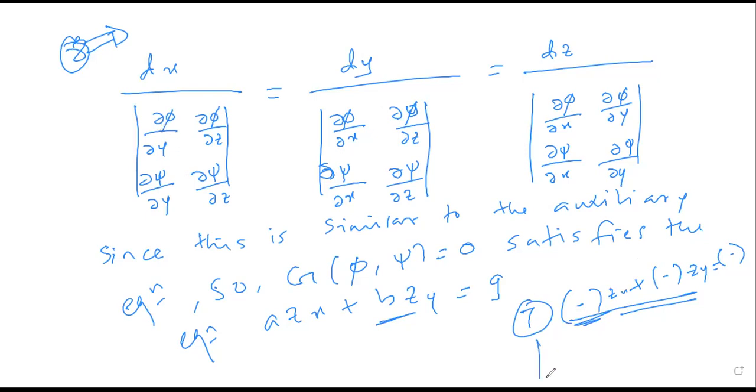What is the modulus of a 2 cross 2 matrix? Let's say this is A, B, C, D. The modulus is AD minus BC. So A will be del pi over del y times del chi over del z minus del pi over del z times del chi over del y.